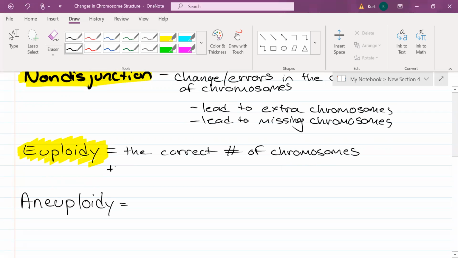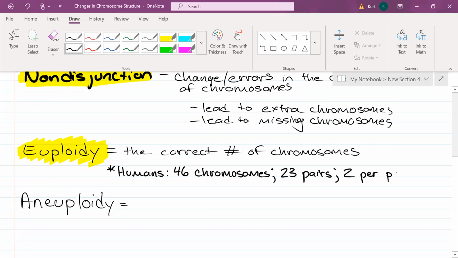For humans, if you are expressing euploidy, how many chromosomes should you have? 46 chromosomes. How many pairs is that? How many per pair? Obviously, that's what a pair means, 2 per pair.